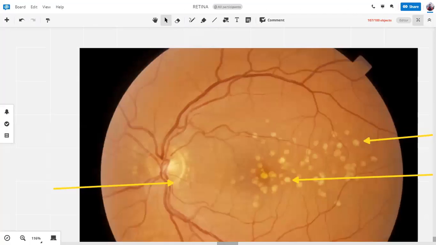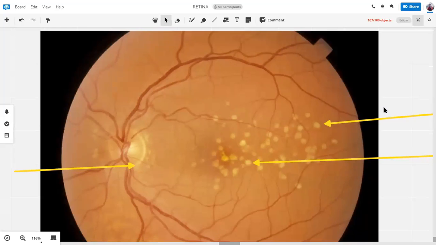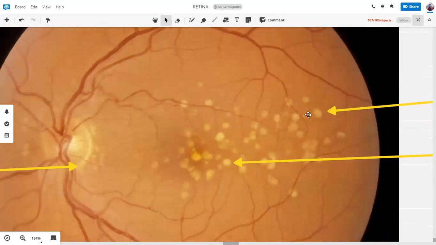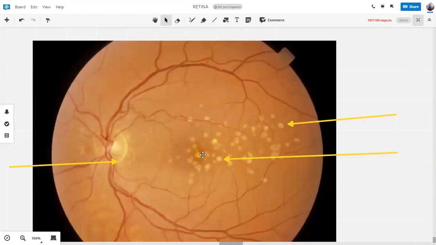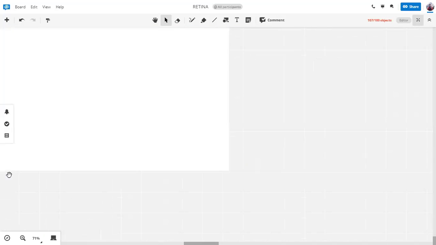So on examination so far we found that these are roundish, circular, yellowish spots, more or less uniform in size, situated behind the vessels, located around the macula, not present elsewhere. What are these spots called?